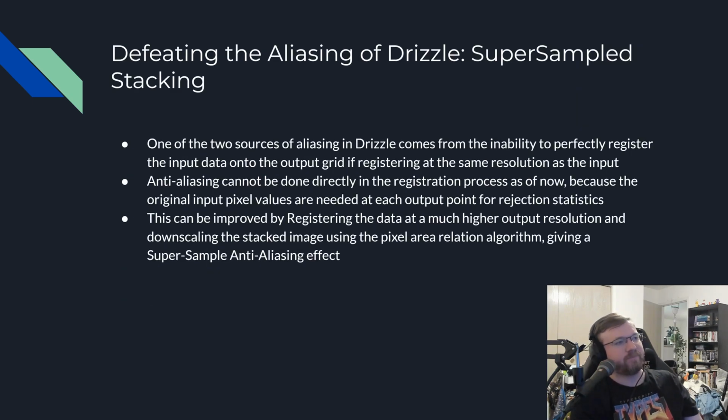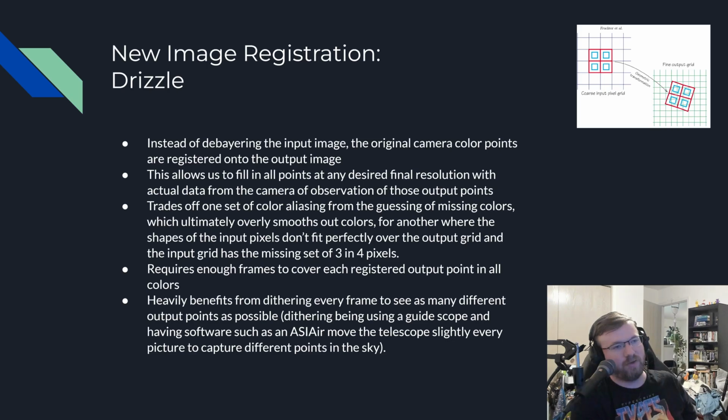But like I said, there are still aliasing effects, because you don't fully get away from the registration process. You have to pick some place to put the data. Imagine you've got this dot here, and you need to register it onto the fine output grid.